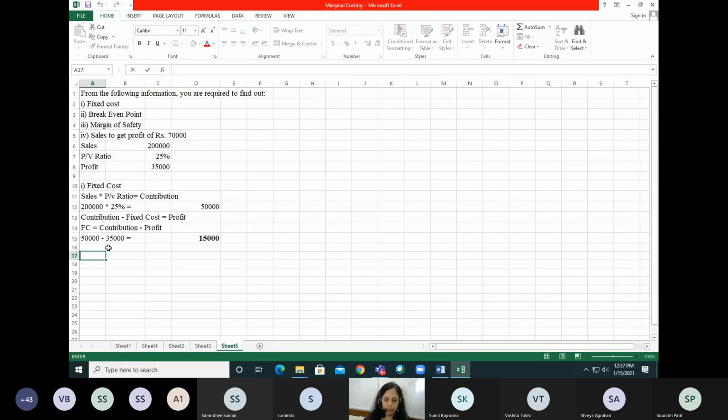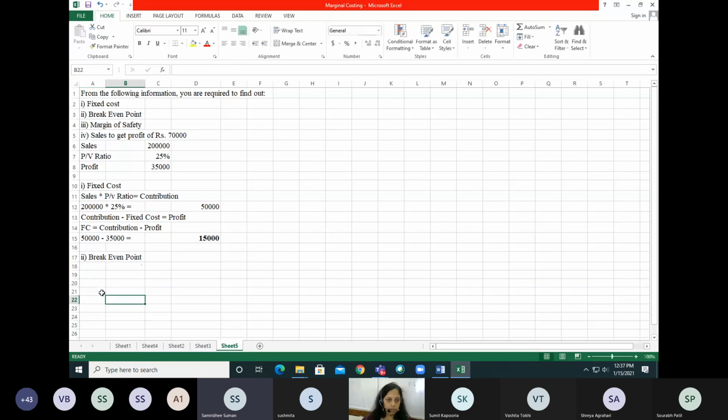Now second, break-even point. Who will calculate break-even point? Which formula will you use? Fixed cost by PV ratio. Very good. Actually there are two, three equations. You can either say fixed cost upon PV ratio, or you can calculate break-even point in units into selling price.